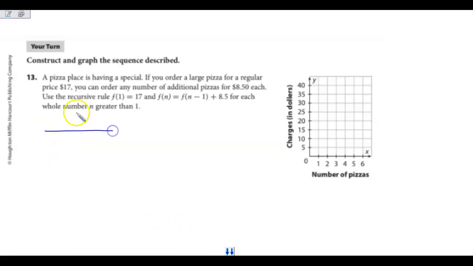So here we have our t-chart, we have our n, and we have our function of n. This is our position, this is our term. We're going to do the first 5. Okay, so we know our first term is $17. And we're going to be using this rule.